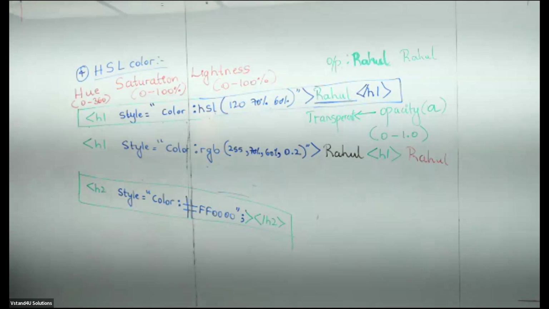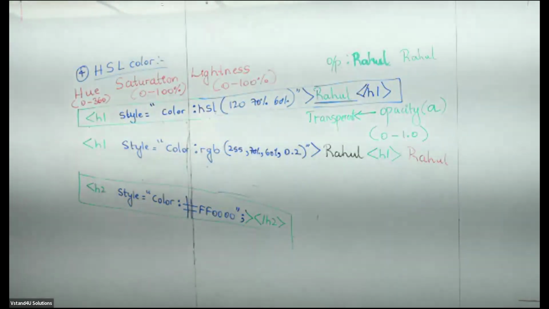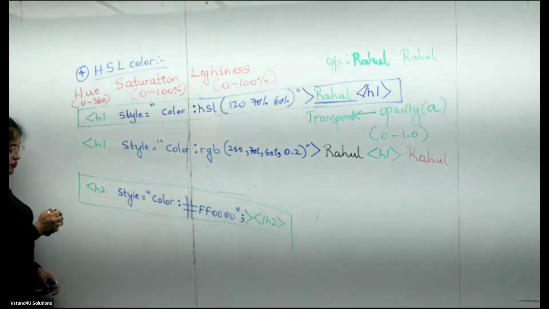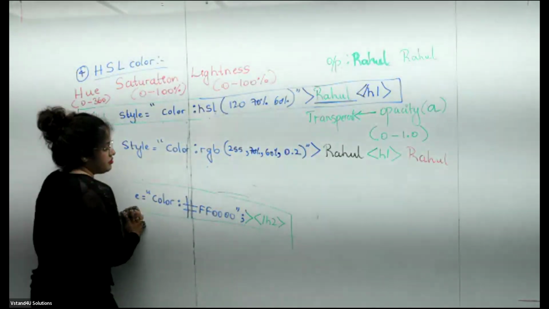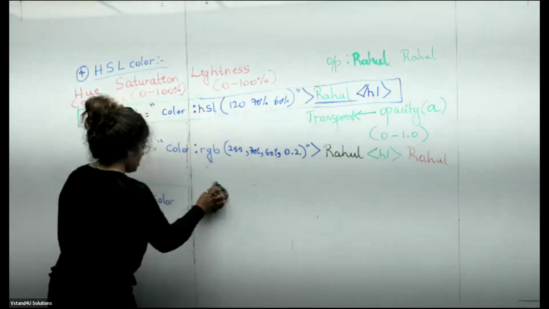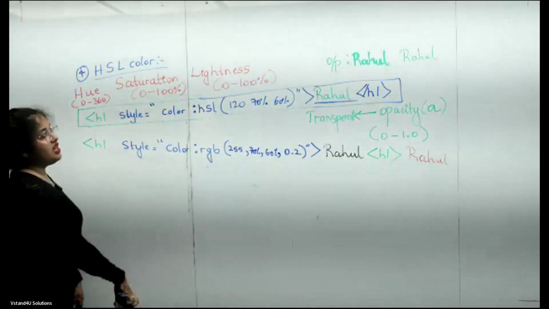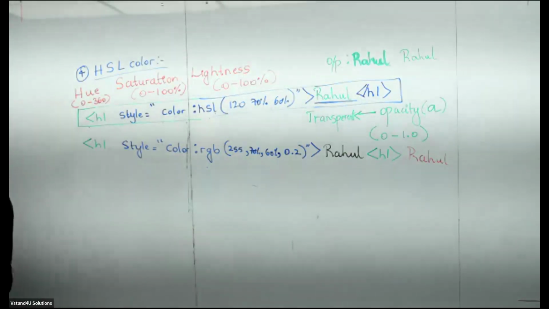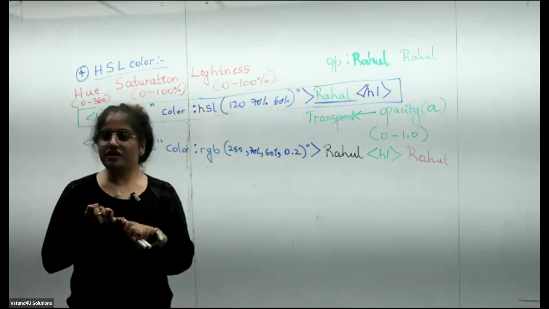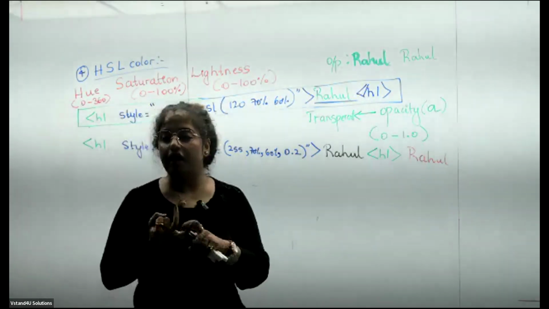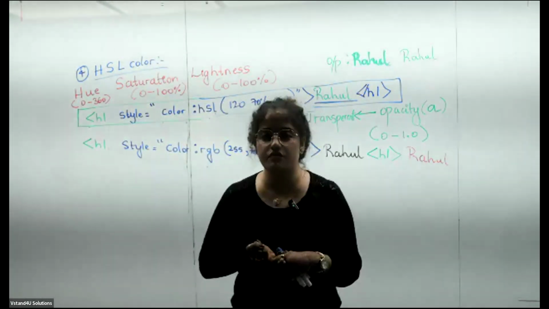Done, guys? Now, I said that I will teach you about how to calculate the hexadecimal value. Yes or no? Are you clear with colors? How many types of colors do you have? HTML colors, just with color names. Then displaying colors by using hexadecimal value.